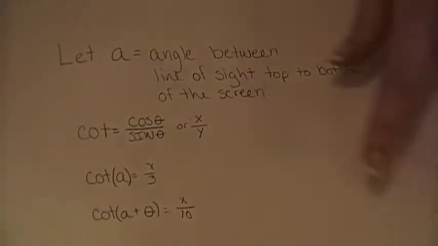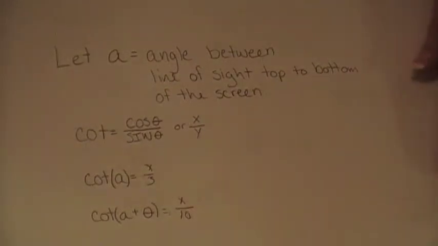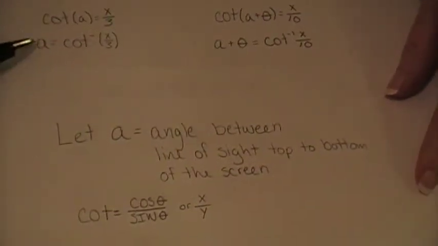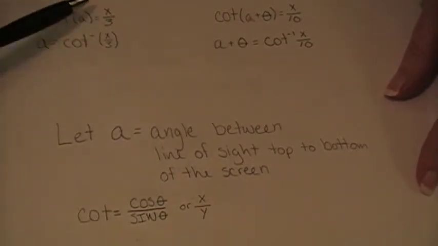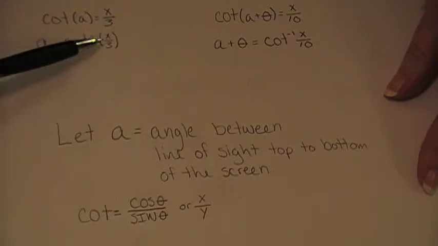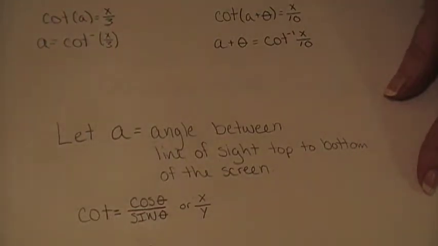So what we want to do with this is solve for our angle theta. Cotangent A equals x over 3, where you're going to use inverse cotangent to switch to the other side, and A will equal inverse cotangent of x over 3. We'll do the same over here.